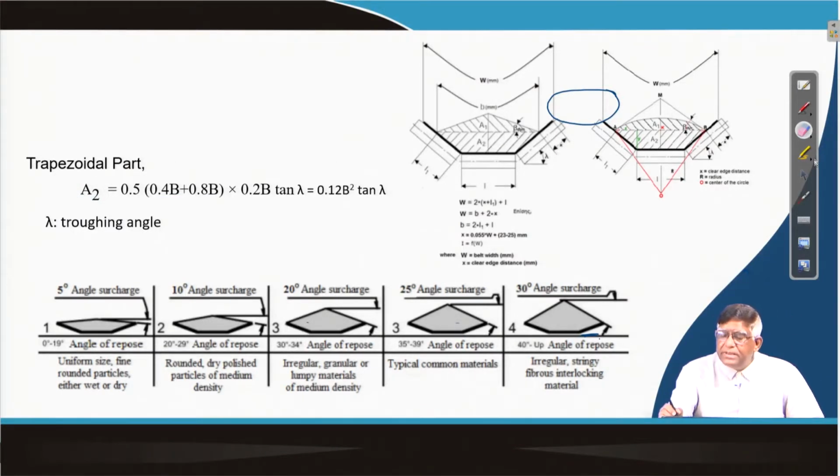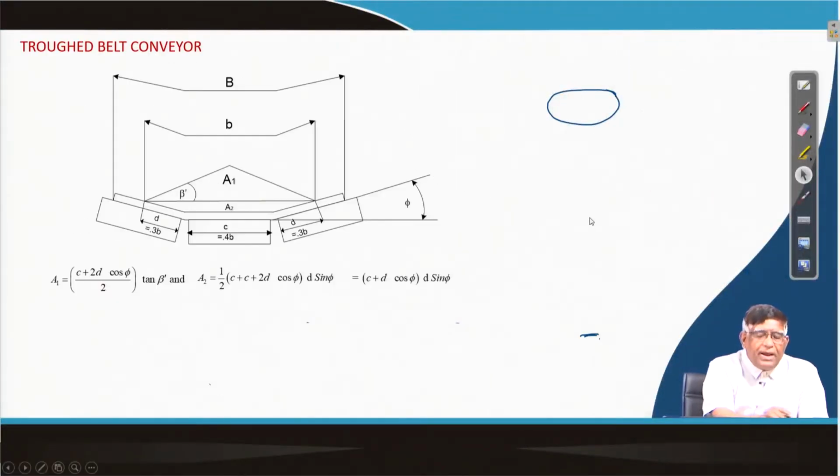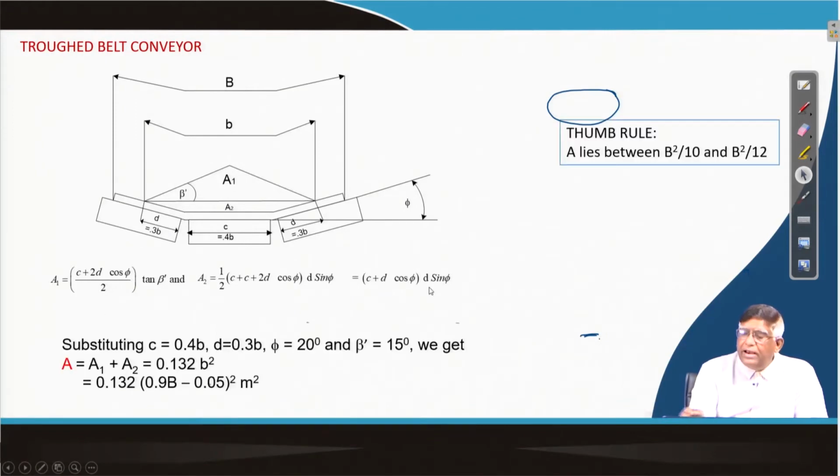You can also derive this area by drawing the diagram of the cross section, using the dimensions geometrically to derive the equation, and from those equations finding the total area.